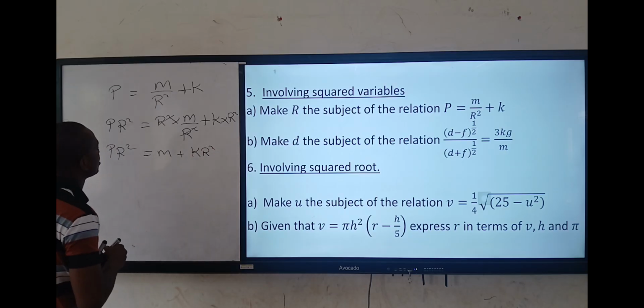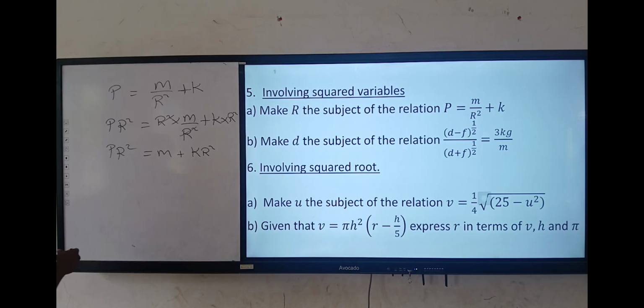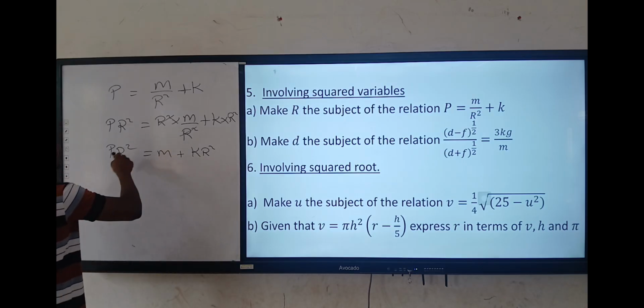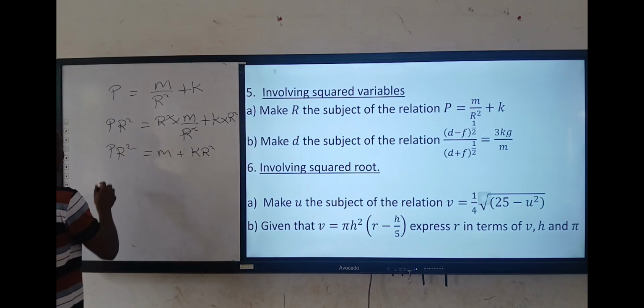Since we want the R to be the subject, we carry this one from here to this side by grouping like terms.